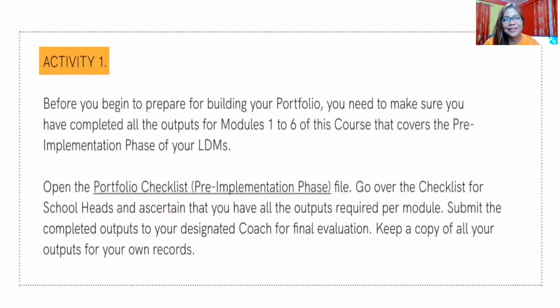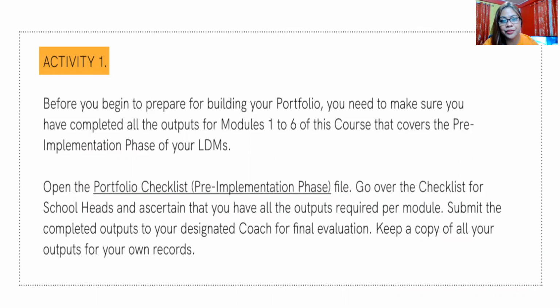As we start with Activity 1, you are to begin to understand what a portfolio is about. You need to make sure you have completed all the outputs for Modules 1 to 6, and these cover the pre-implementation phase of your LDMs.